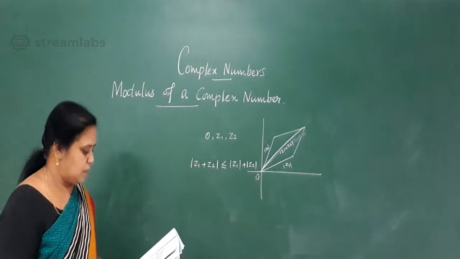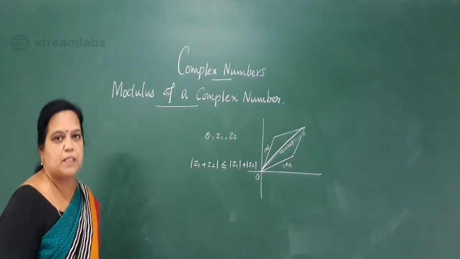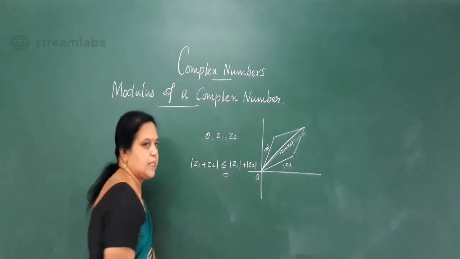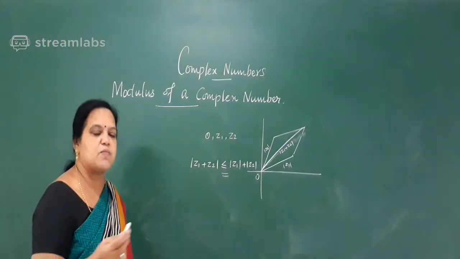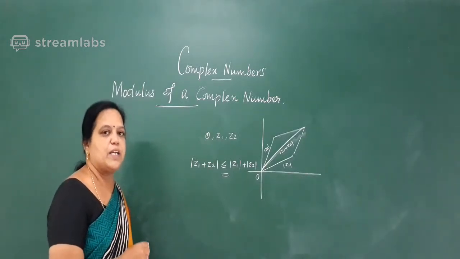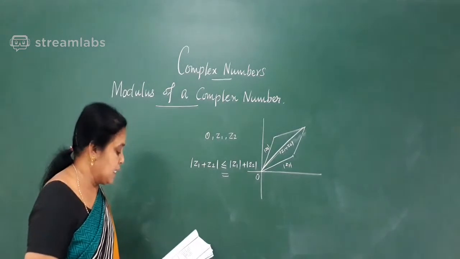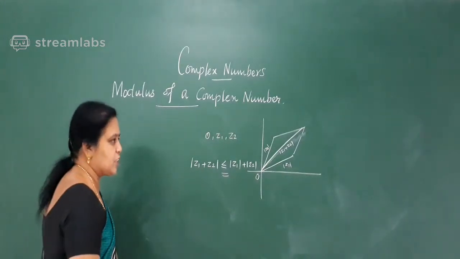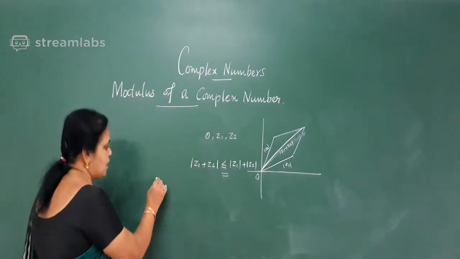This is the reason for calling this property the triangle inequality. Why? Because here less than or equal to is coming. If it were equal, we could call it equality, but it is not equal here. So that's why it is known as the triangle inequality. It can be generalized by means of mathematical induction to finite terms. How?